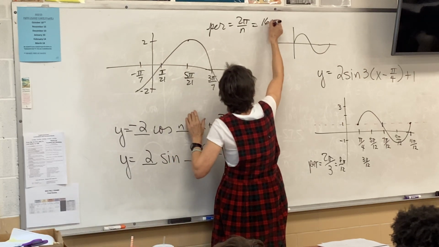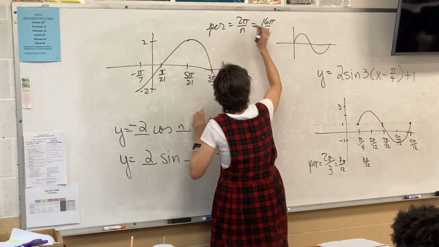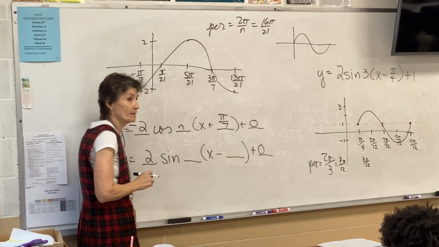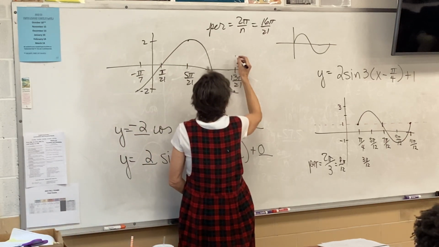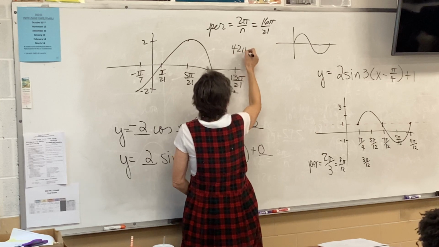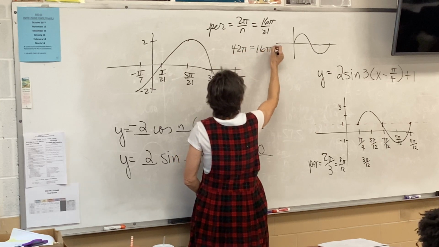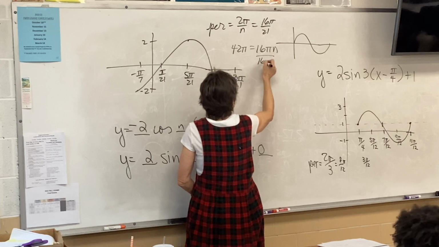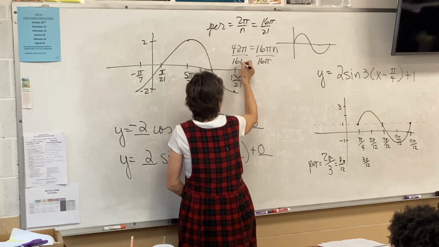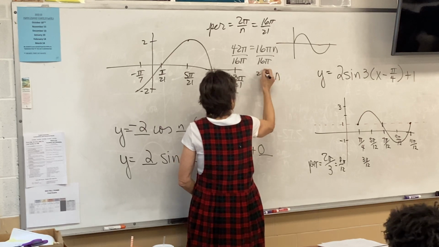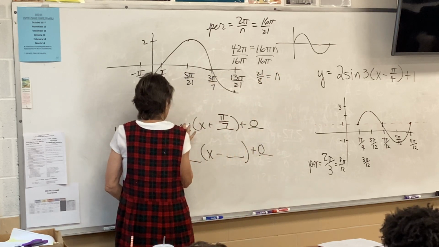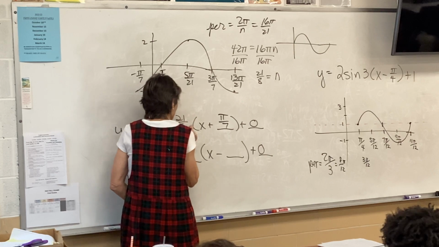So 16 pi over 21 is my period. So I'm going to cross multiply and solve that. So 42 pi equals 16 pi n. So 21 over 8. And that's what's going to go right here. 21 over 8.